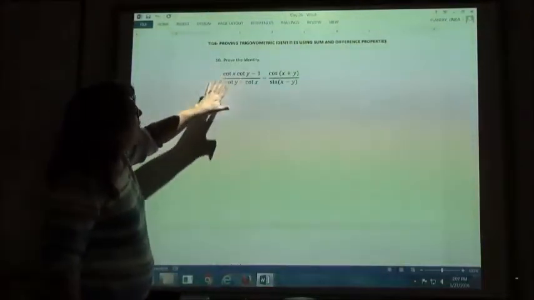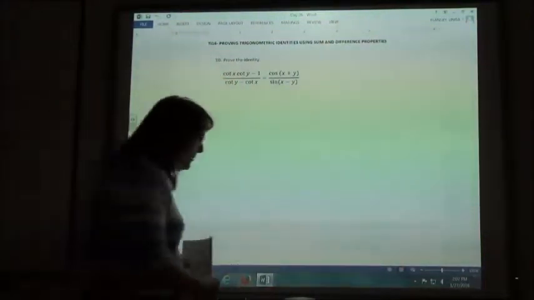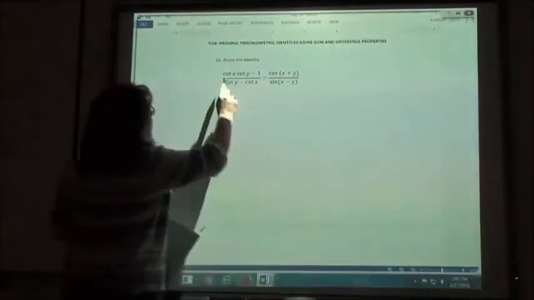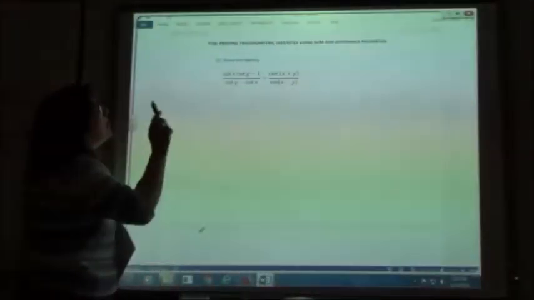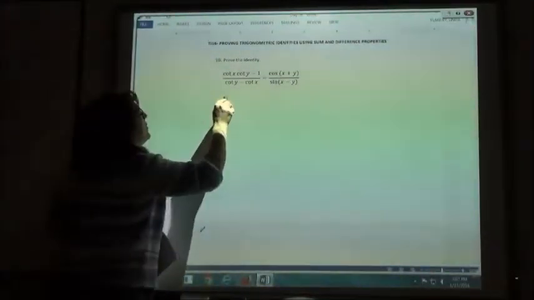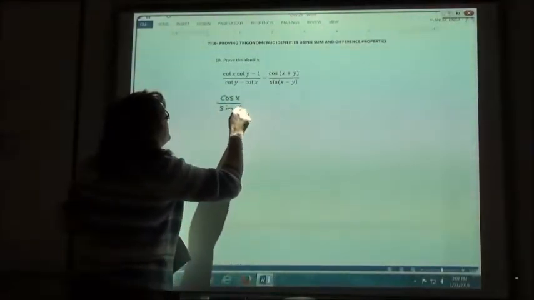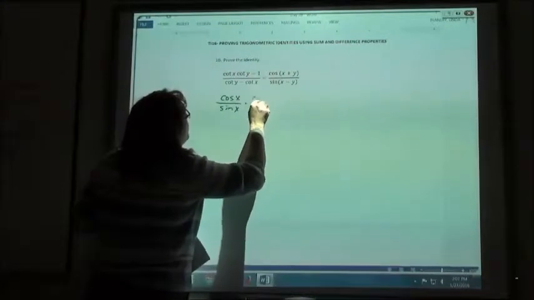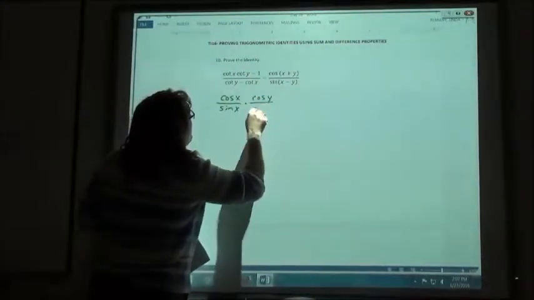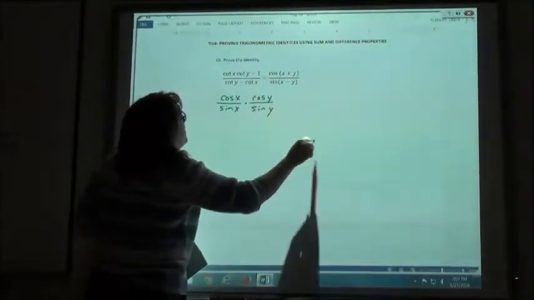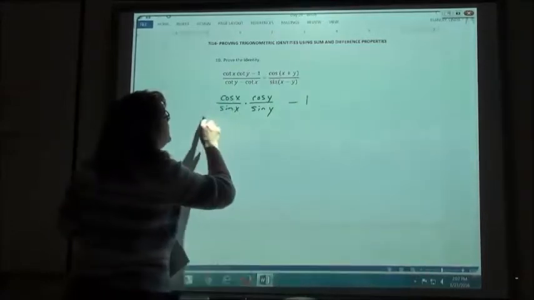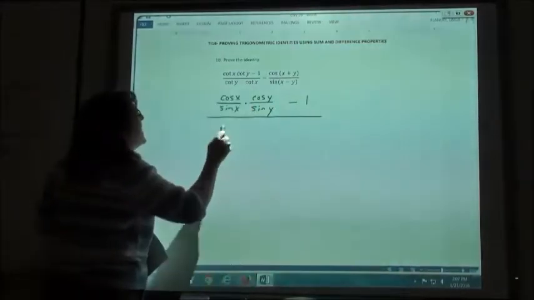You can do it all at once since you're using the same one. And so for cotangent, I'm going to have cosine over sine. So I'm going to have the cosine of x over the sine of x times the cosine of y over the sine of y, minus 1, all over cotangent again.